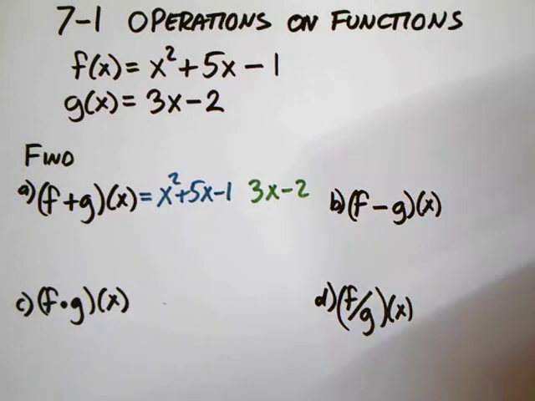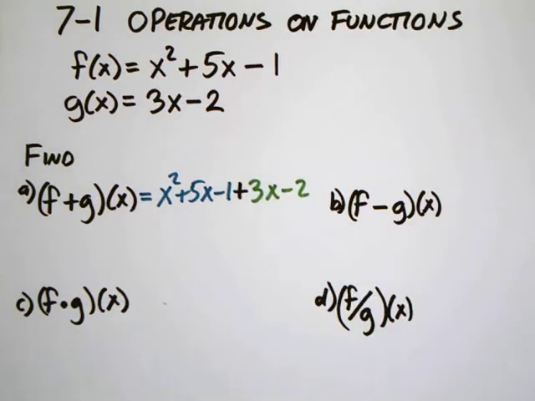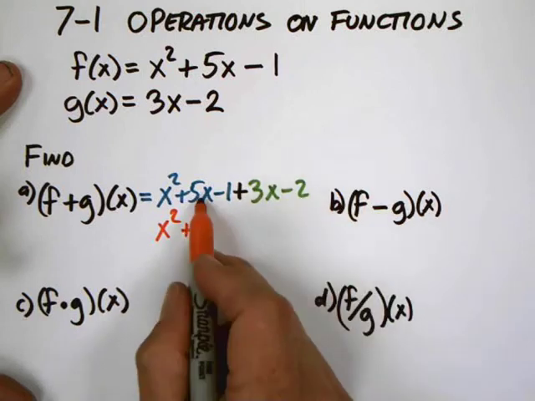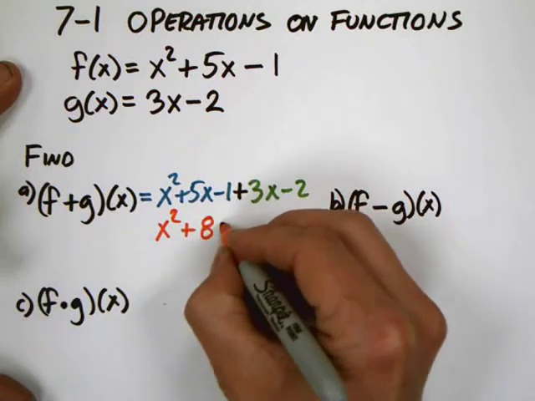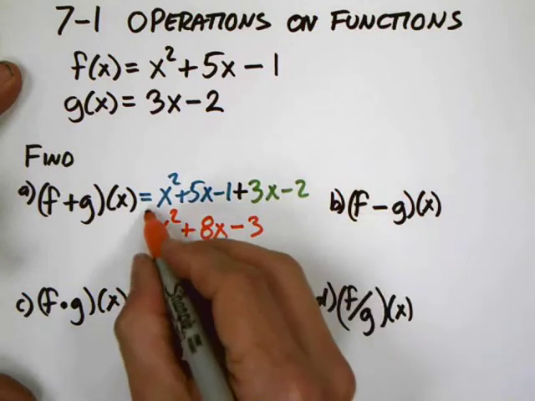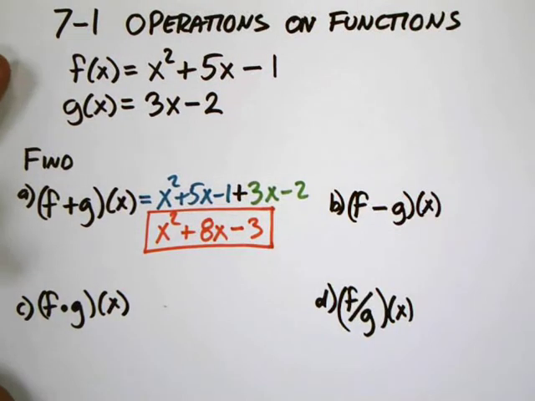So since my operation is addition, I won't need any parentheses. I'm just going to add these two functions together. So what would I be left with if I did this addition? Well, like terms, I have x squareds plus, I have 5x's and 3x's, that's 8x's. And I have minus 1 and minus 2, it's going to be negative 3. So this would be the result if I added them.